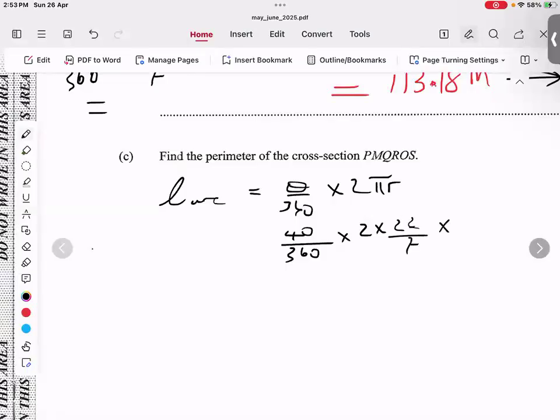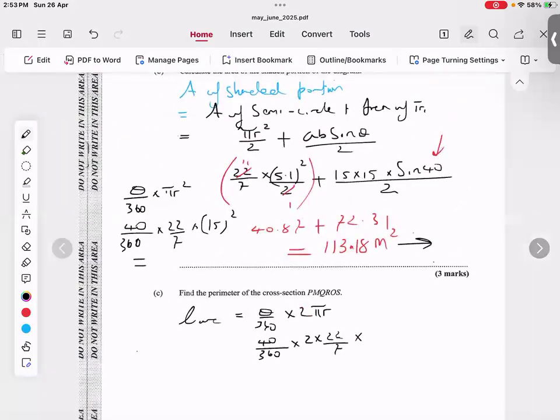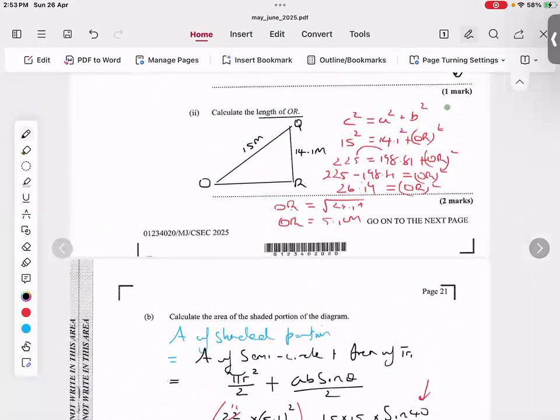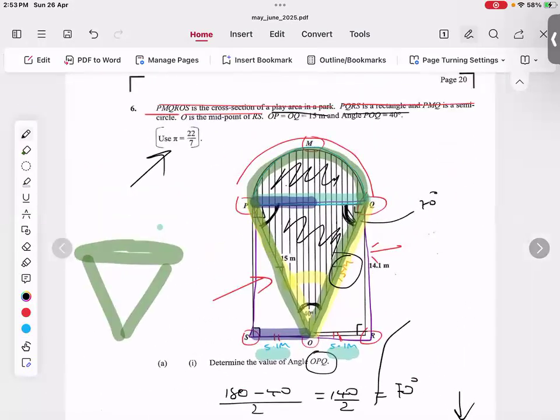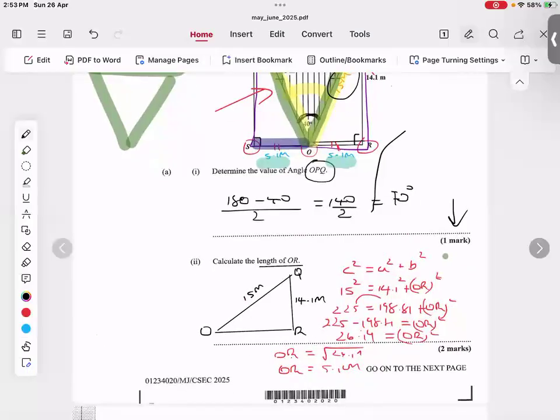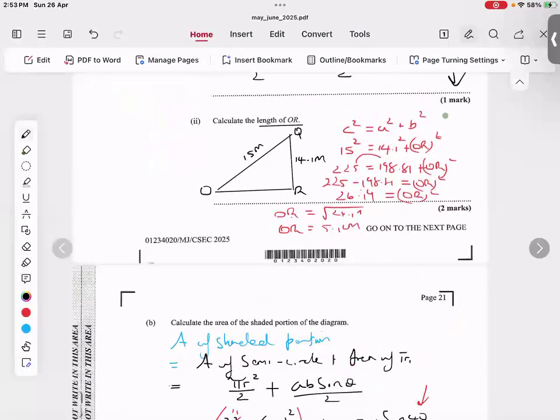And what is the radius? What would we use for the radius? We just did it a while ago. We must say the 5.1 is the radius of the semicircle, but we're looking at the entire green shape. Correct, Antonia, it's going to be 15.